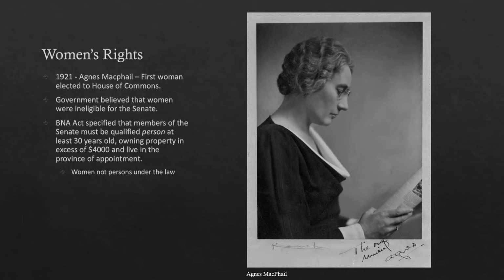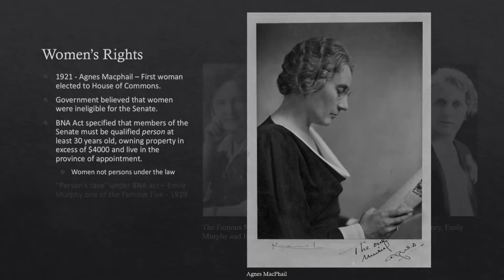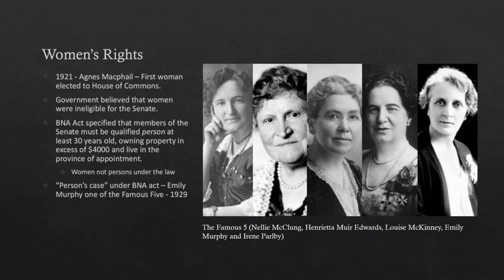Well, in 1929, 5 women who became known as the Famous Five, led informally by Emily Murphy, who is second from the right there, who was actually the very first female magistrate in the entire British Empire. That magistrate is a judge, basically. And so she already had to deal with the persons issue.